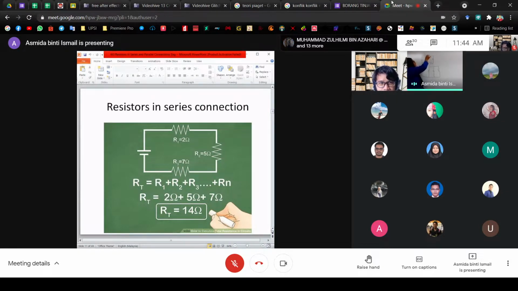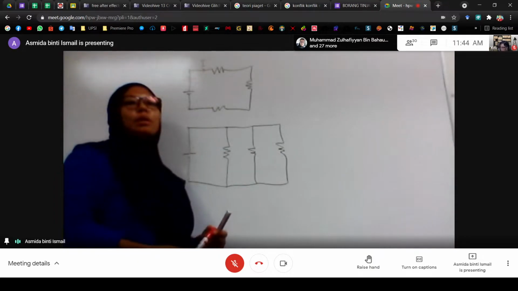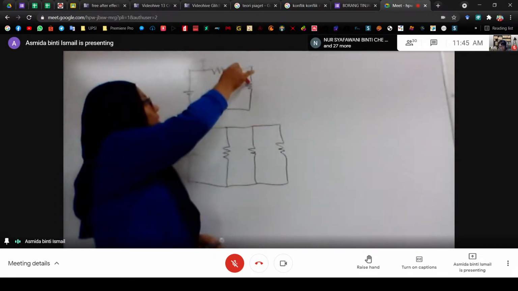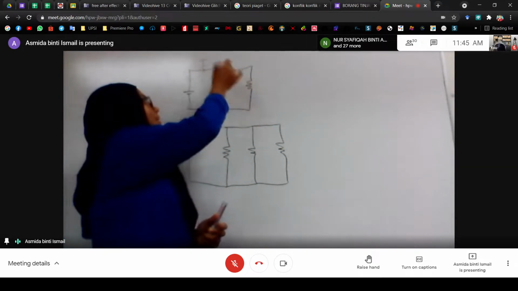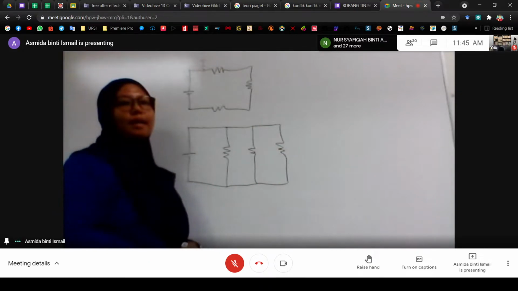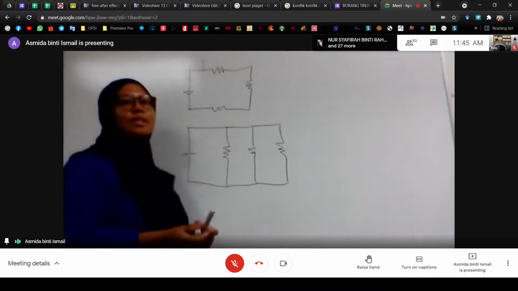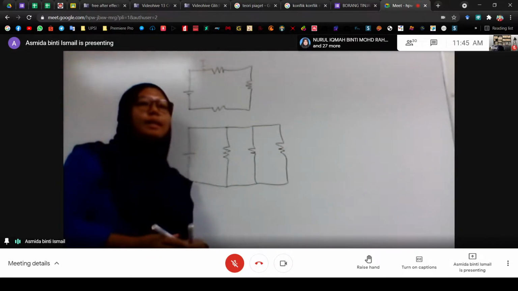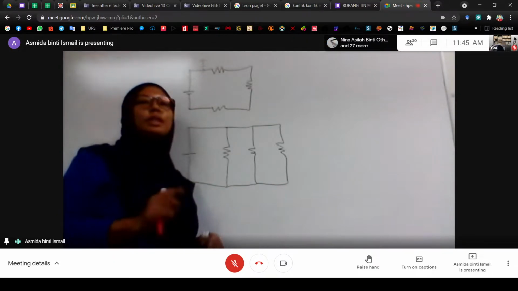This resistor and this resistor have the same value of I. Voltage drop depends on the value of the resistor. Tapi for today, kita tak kira lagi voltage drop.